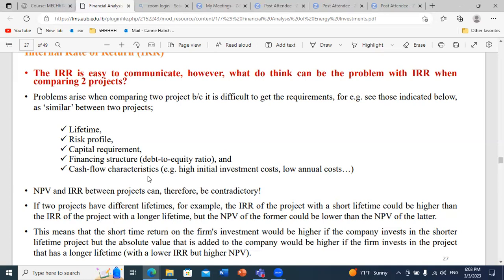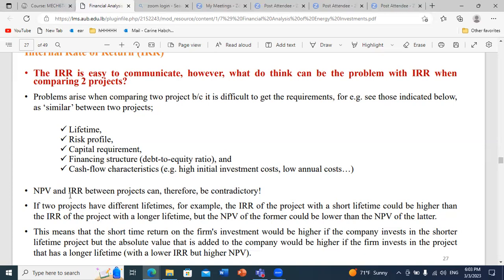It is difficult to get the requirement, but if we have similarity between the projects in terms of lifetime, risk profile, capital requirement, financing structure, and cash flow characteristics, then we can compare the IRR to make a decision.